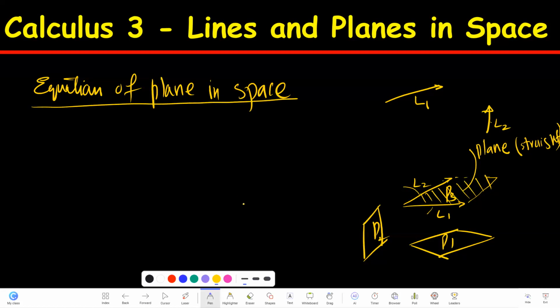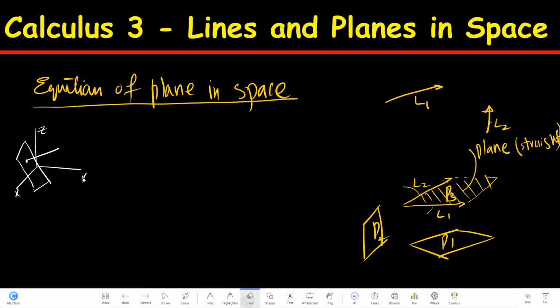A plane in space is going to look pretty much like this, with the y, x, and z axes. This vector n, in another color, is perpendicular to this plane, and this is called the normal vector.